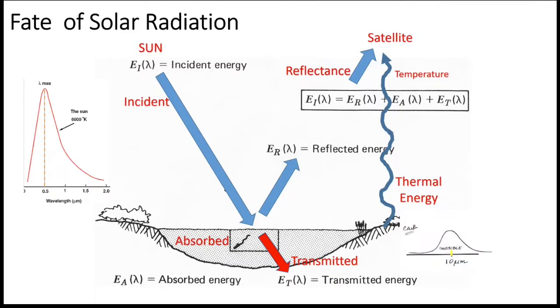Fortunately for us, less than 4 micron is seen as the reflected solar energy. Greater than 4 micron is thermal energy, allowing us to do radiative transfer differently. I've drawn this graph for the surface, but you can do the same thing for the atmosphere. If you have atmosphere here, some of it could be reflected from the atmosphere. We'll see that in the next graph as well.